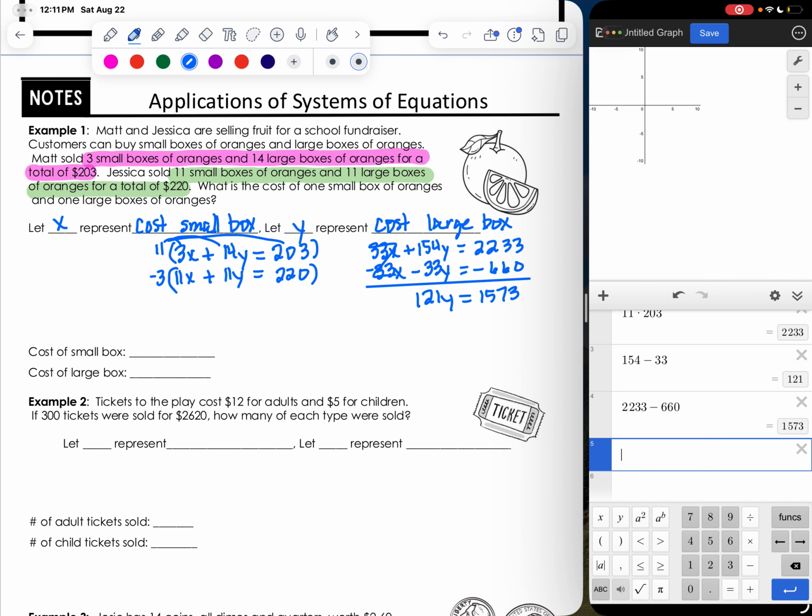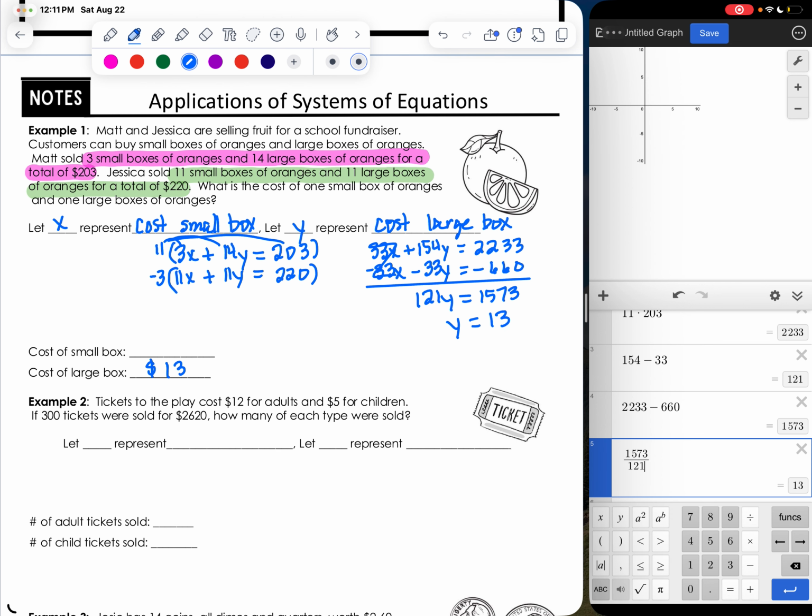Now divide both sides by 121. And that gives me y equals 13. So y represented the cost of a large box. So I now know the cost of a large box is $13.